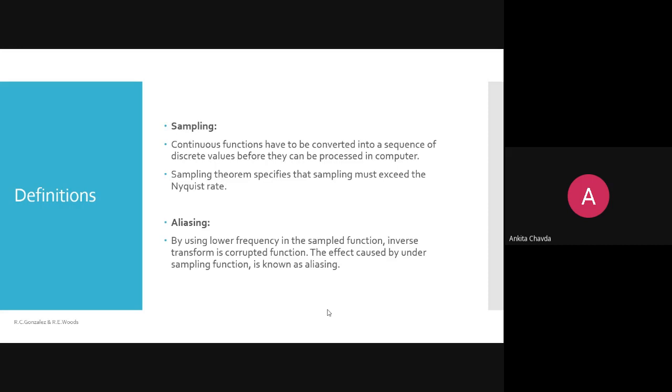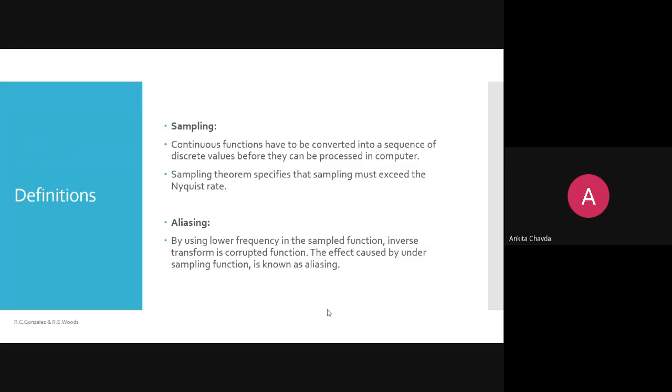The same kind of definition is given here in terms of signal processing: continuous functions have to be converted into a sequence of discrete values before they can be processed in a computer. That is known as sampling.